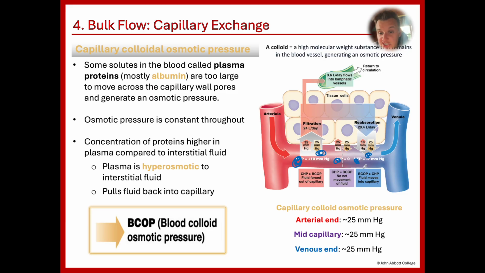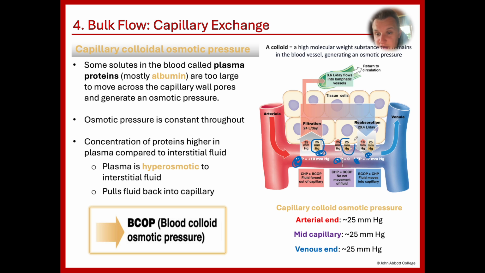So here the amount of albumin is much higher compared to over here. And so this concentration being different, right? The plasma is said to be hyperosmotic. It has a lot of osmotic pressure, a lot of albumin, and this will pull water back into the vessels. Do you see this arrow here?